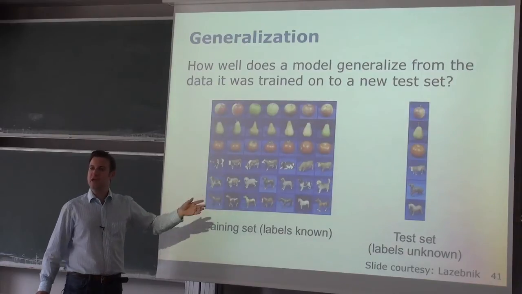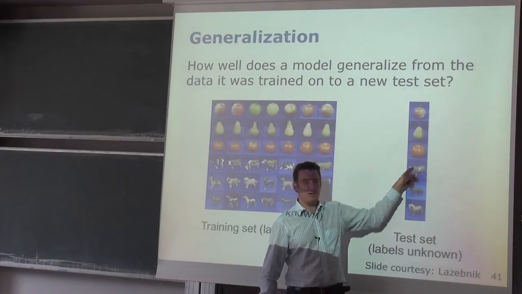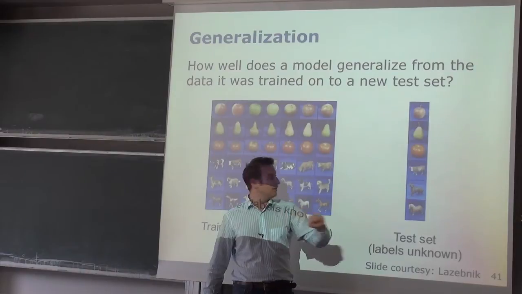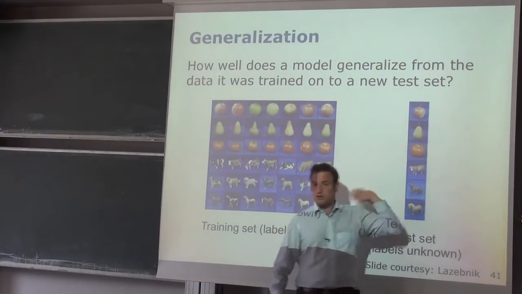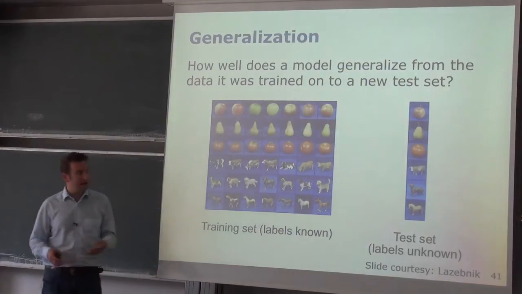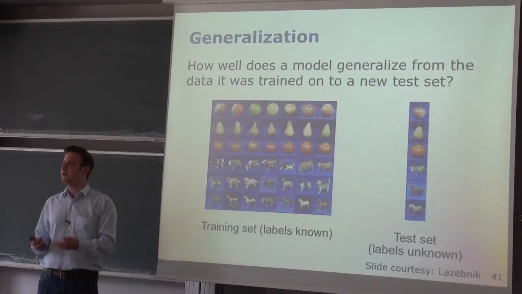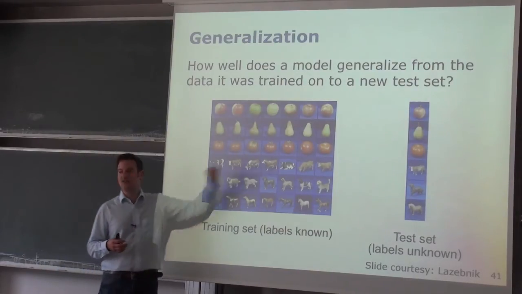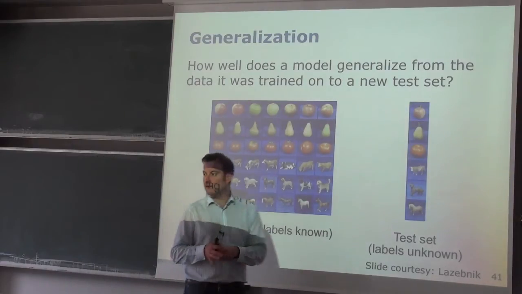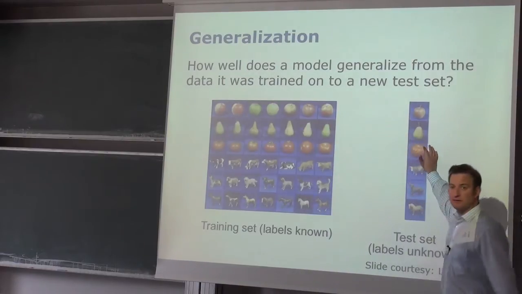And the generalization capabilities of my classifier is how much can this cow, or the appearance of this cow, actually deviate from what I've seen before. Of course, if this looks completely different, it's very unlikely that I will actually say this is a cow. But typically we are interested in systems that generalize well to different appearances of cows, although we have just seen a small subset. And therefore it is important that I do the learning of the classifier and the evaluation of a classifier on different data sets.